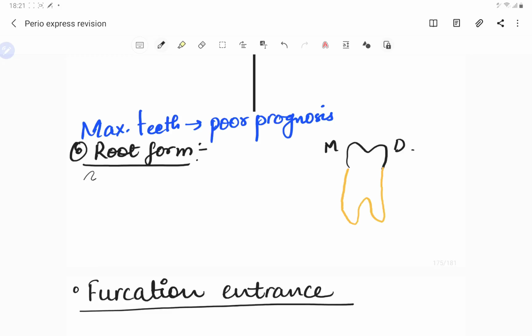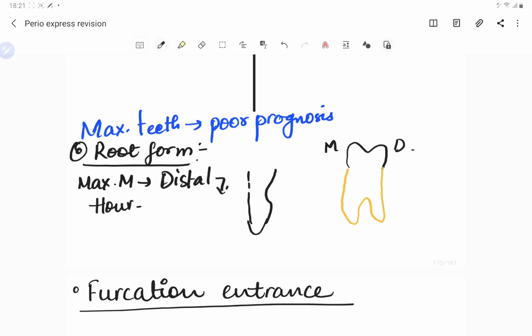So in case of a maxillary molar also, we see on the distal surface a concavity which is present. So suppose this is the root and you will find a concavity which is present like this. So it makes an hourglass appearance, like this, right? So it makes it difficult to clean or maintain this particular root.